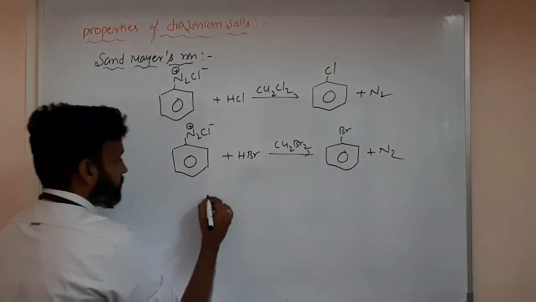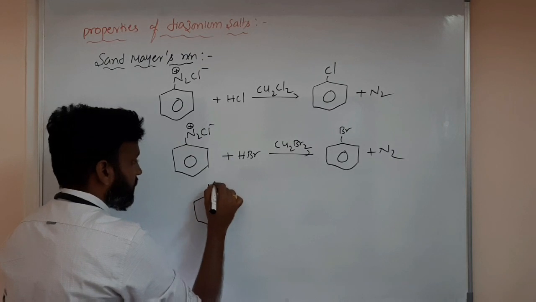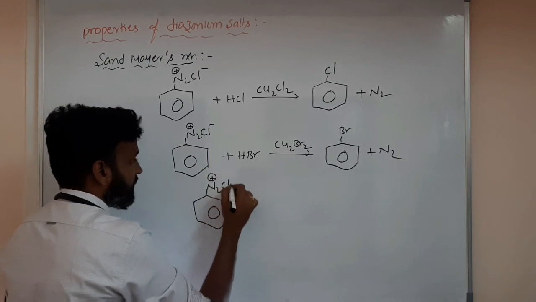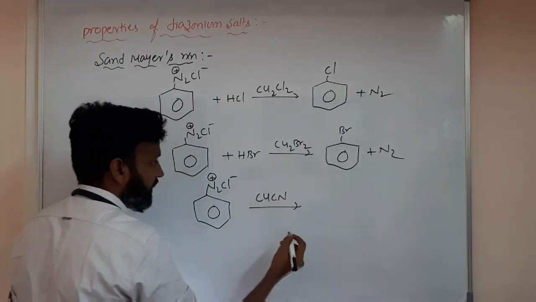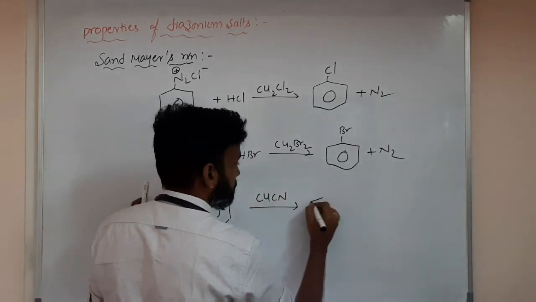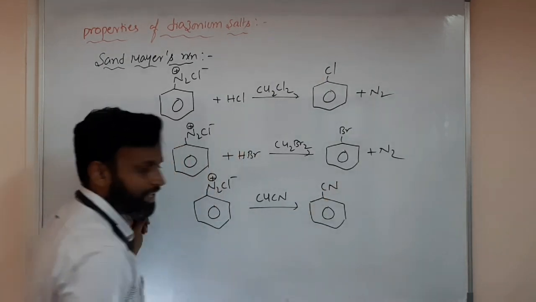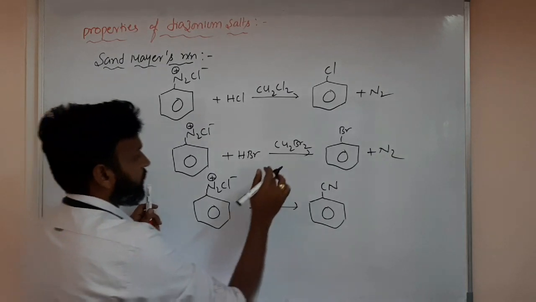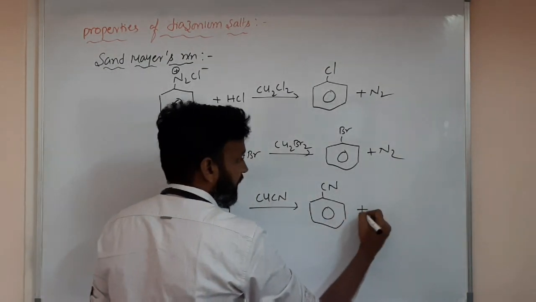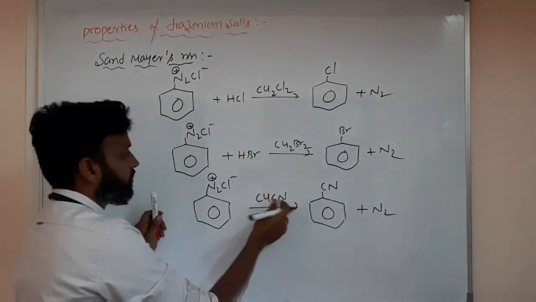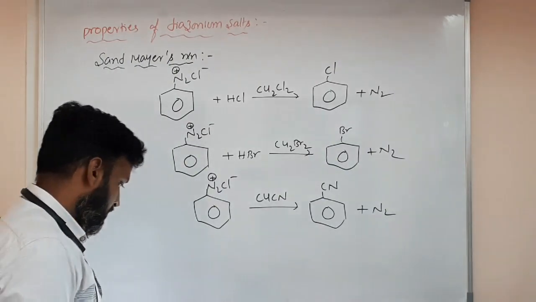If you are using cyanide, C6H5 N2 plus Cl minus with CuCN, copper cyanide, you will get C6H5CN, the cyanide. So cuprous chloride, cuprous bromide, cuprous cyanide, then N2, and the chlorine is removed with copper as CuCl.